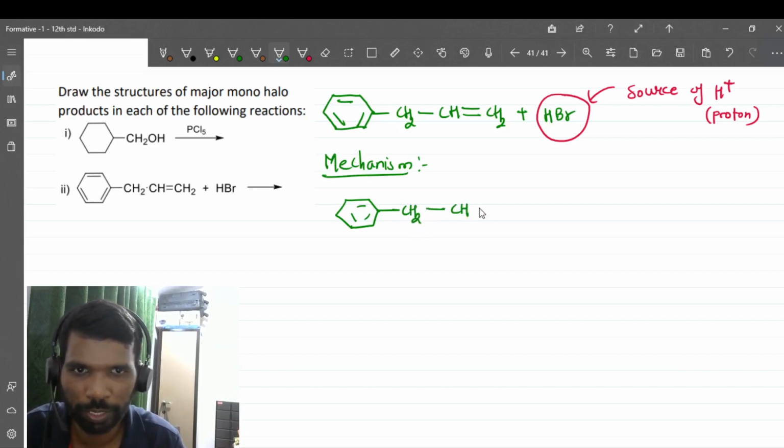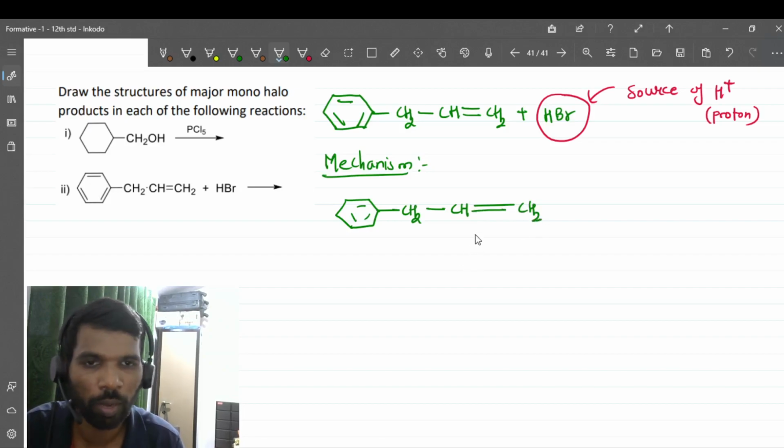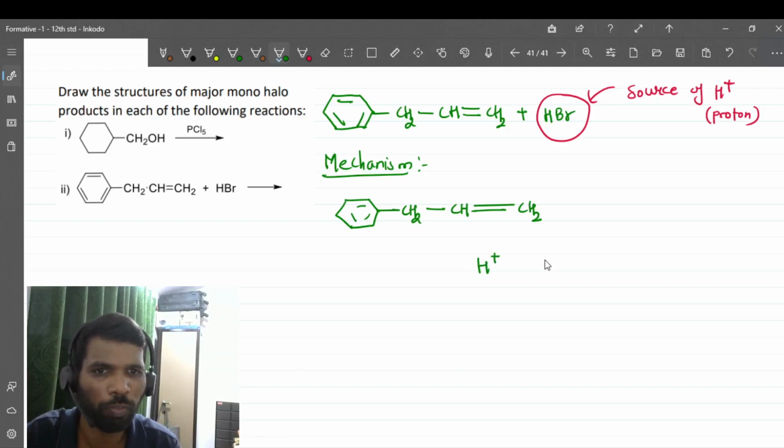CH2, CH, double bond, and a CH2. Now, this is the H plus, which is electron deficient. Now, if I keep a Br minus also, will there be a reaction? Because this Br minus is also rich, this benzene ring is also rich. So there won't be a reaction between this and a Br minus. But this is rich and this is electron deficient, so there will obviously be a reaction with the H plus.